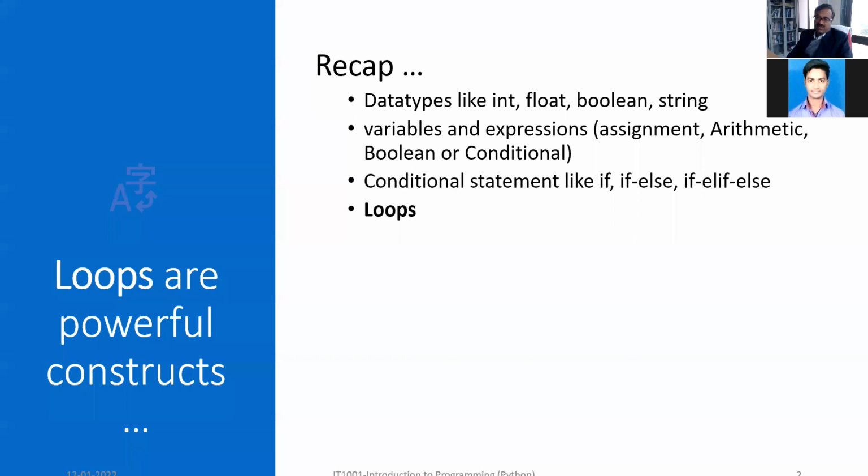And then you use variables and expressions. Variables are names given to store the data, and expressions can be of different natures, like arithmetic expressions or logical, also called Boolean or conditional expressions.